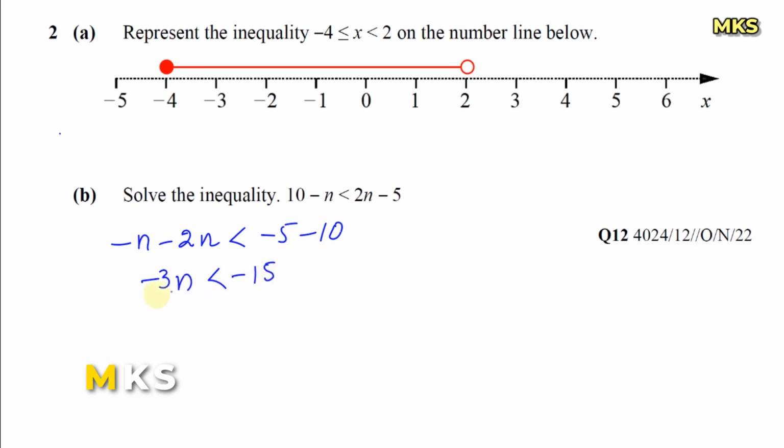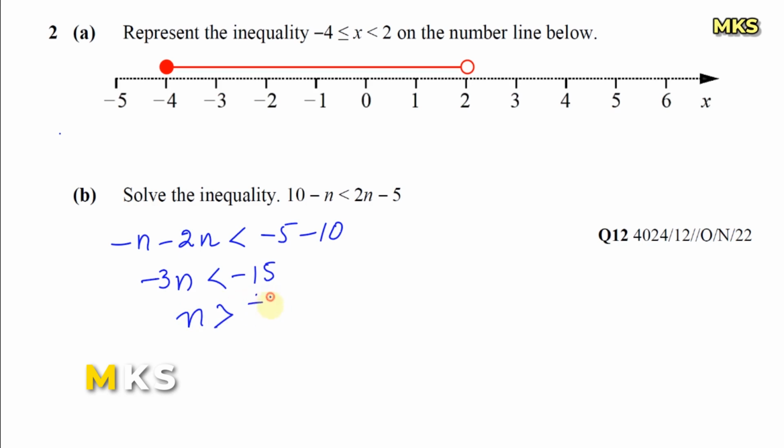Now when we shift minus 3 to make n the subject, from left to right, it is multiplying, so it will divide minus 15. But at the same time it will reverse the sign of inequality, because multiplication and division by negative numbers reverses the sign of inequality.